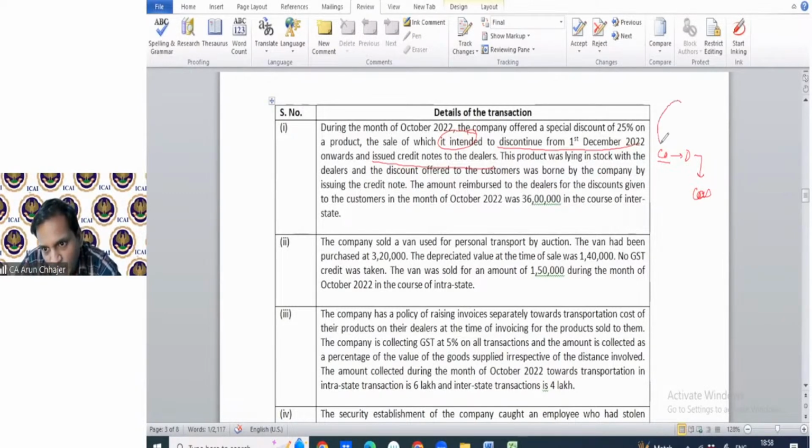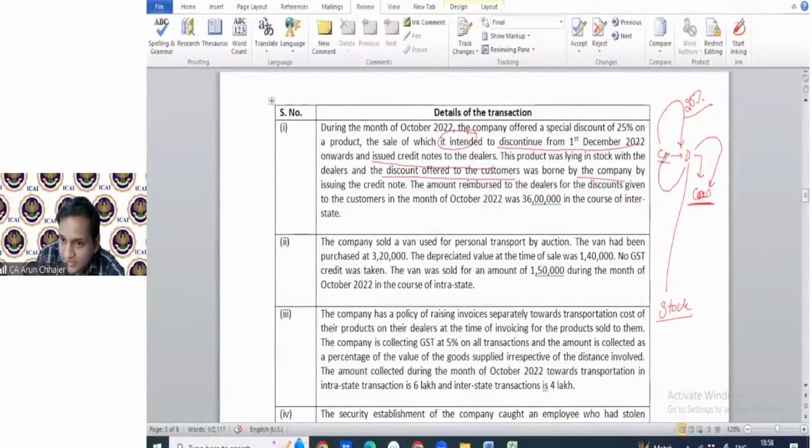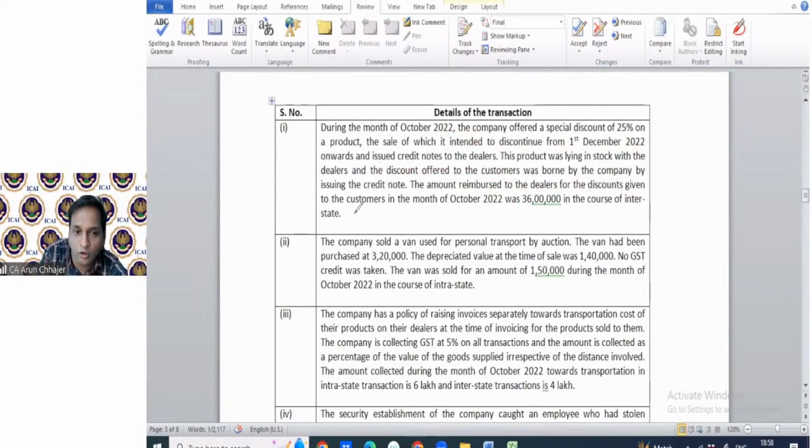The company has offered a special discount of 25%. This product was lying in stock with the dealer. So he had certain items in stock, and the discount offered to the customer was borne by the company by issuing the credit note. So this particular discount has been borne by the company. The amount reimbursed to the dealer is 36 lakhs in the course of interstate supply.